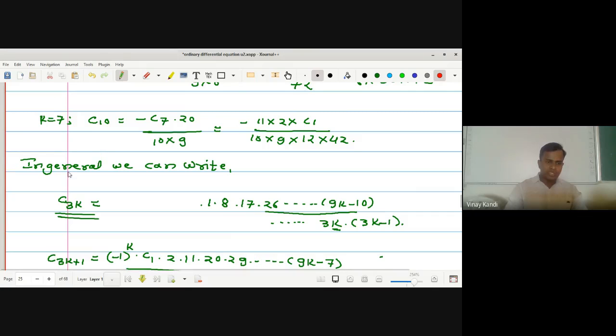The C3k term is minus 1 raised to k, into minus 1 into 1 into 8 into 17 into 26, and upon the denominator terms are 3 into 2 into 6 into 5 into 7 into 6 into 5 into 9 into 8.